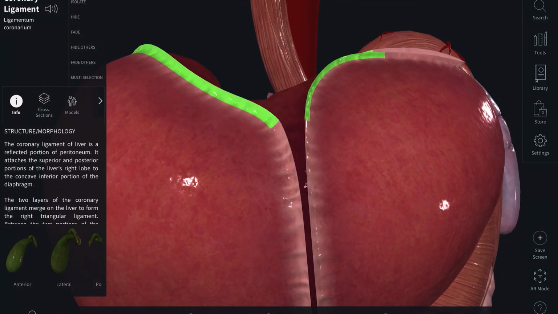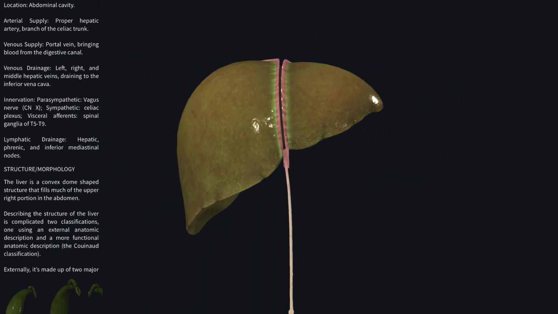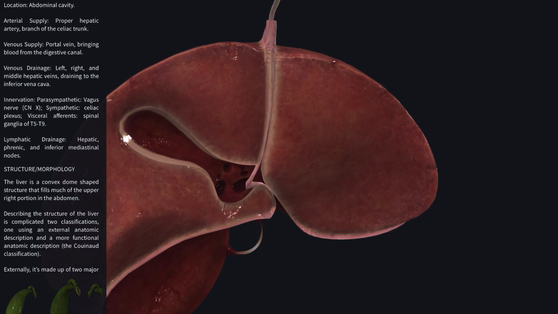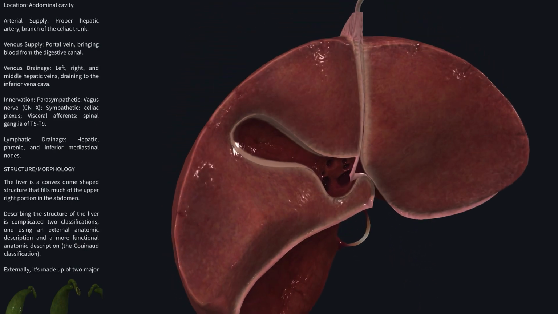And then we have this coronary ligament right here. If we just look at this part right here, we can see the different lobes from underneath. So looking right here, we can see where the gallbladder will sit if we rotate it just this way.